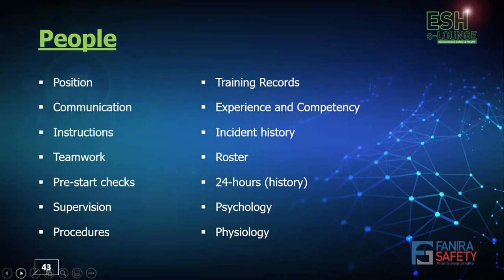It can trigger additional information, that 24 to 72 hours. Was it a new shift or the previous shift left? Or was there disturbance or misunderstanding amongst team members? The psychology and the physiology of involved persons is also another key question that is good to ask.